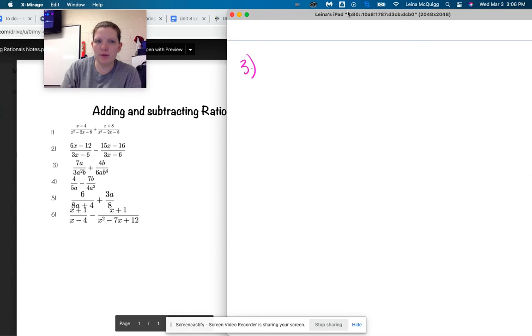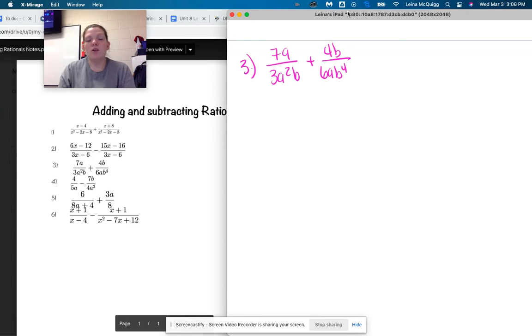All right, so number 3, we have 7a over 3a squared b plus 4b over 6ab to the 4th. So we do not have a common denominator. So what can I do to get a common denominator? Well, it looks like I would have to multiply.